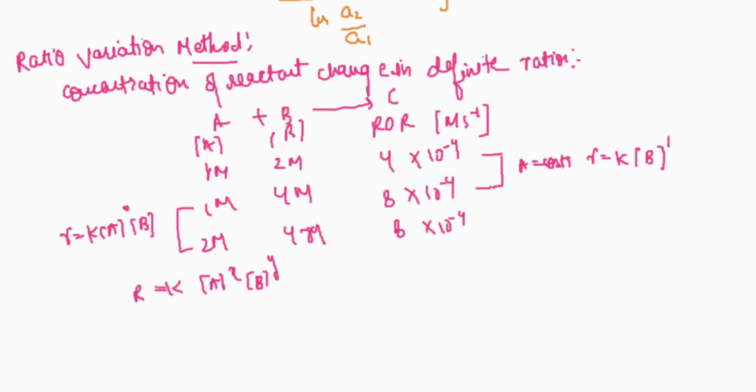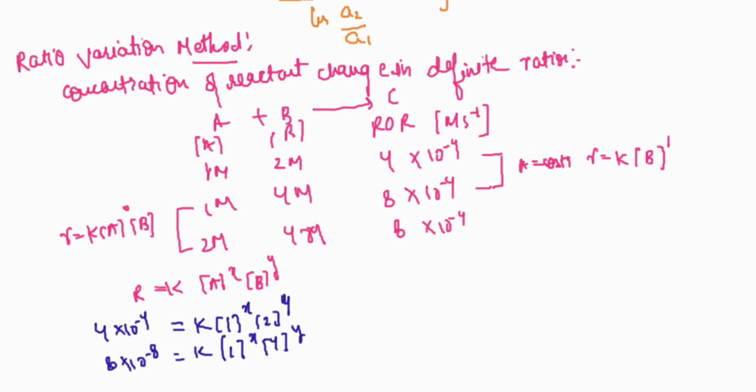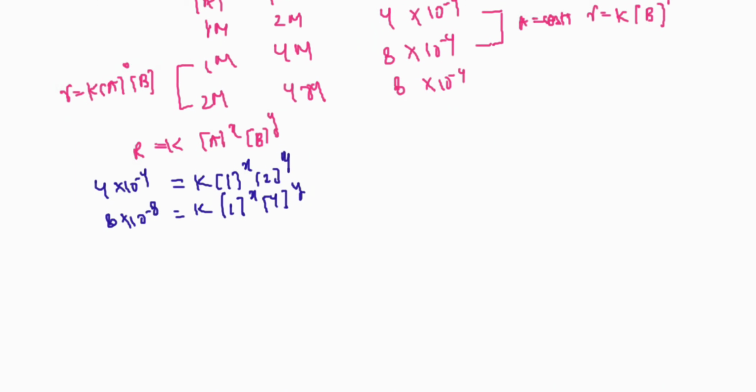If we put in the values, 1 molar raised to the power x and 2 molar raised to the power y gives 4 into 10 to the power minus 4, equals K 1 to the power x and 4 to the power y. And for the other experiment, 8 into 10 to the power minus 4 equals K 2 raised to the power x and 4 raised to the power y.